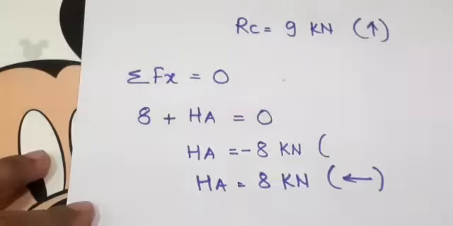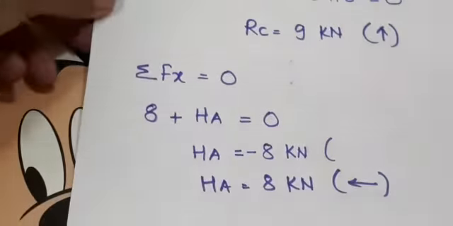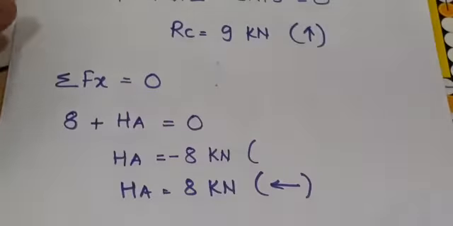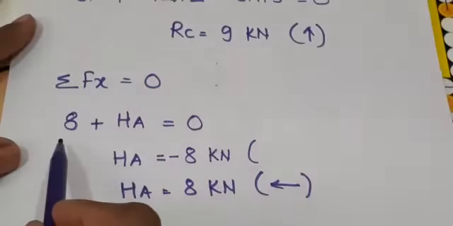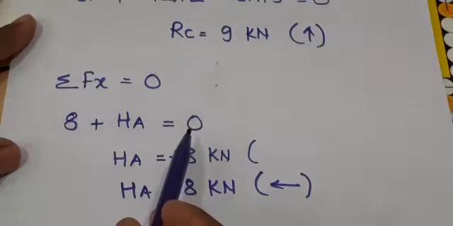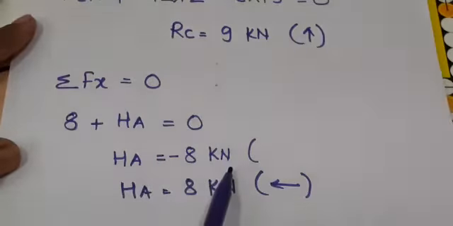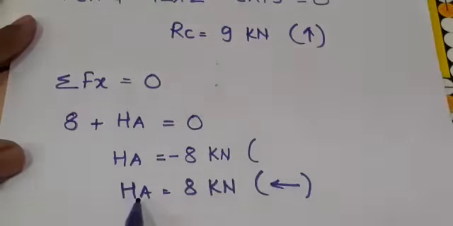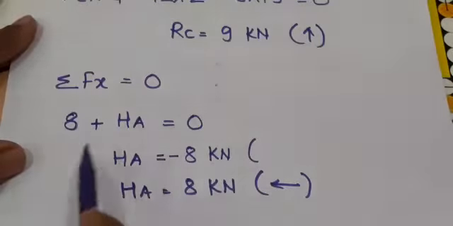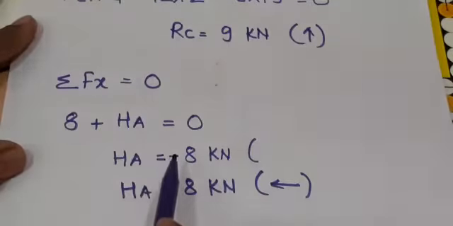Then apply another condition of equilibrium, which is summation Fx equal to 0, which gives 8 plus HA is equal to 0. Then HA is equal to minus 8 kilonewton, meaning the assumed nature of the force is tension, but the exact nature of the force is compression.